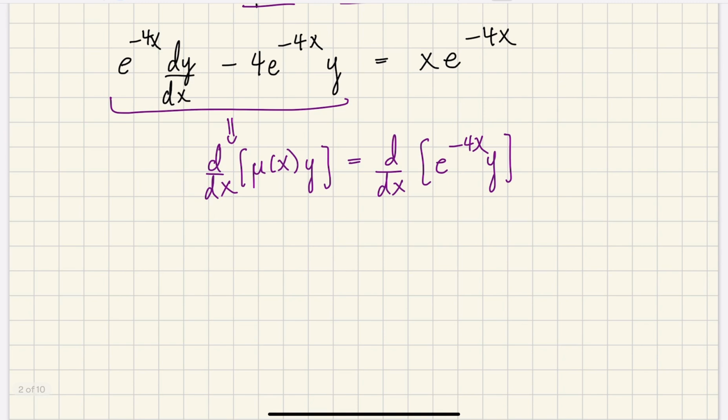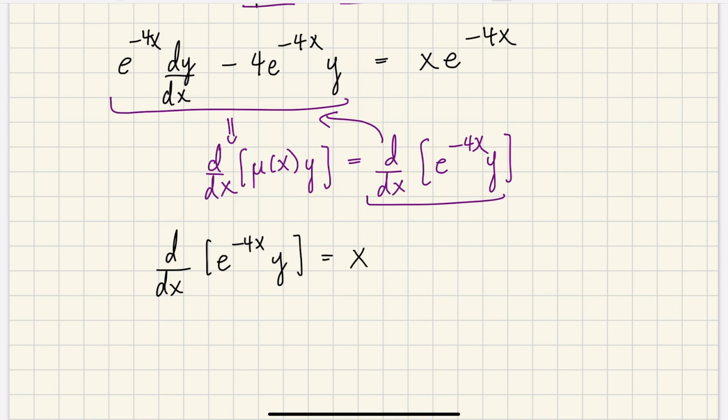So if we substitute this right here, we get d over dx of e to the negative 4x times y is equal to x e to the negative 4x.